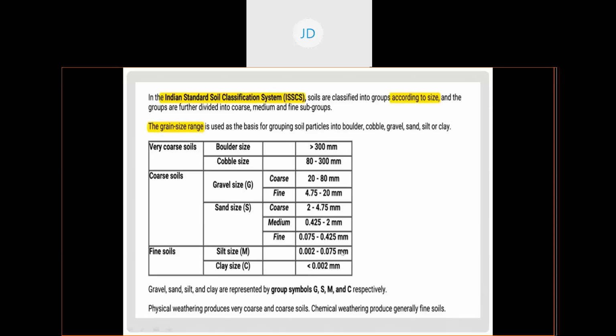So this can be written as 75 micron. Fine grained soil and coarse grained soil are divided by this 0.075 millimeter size.